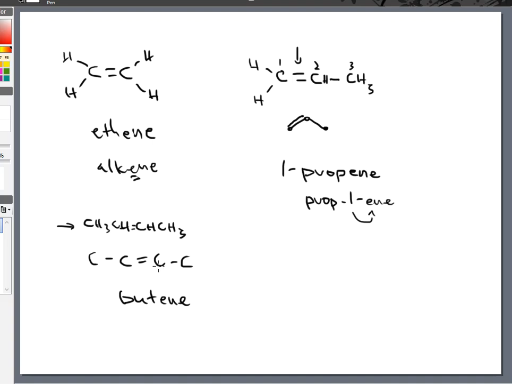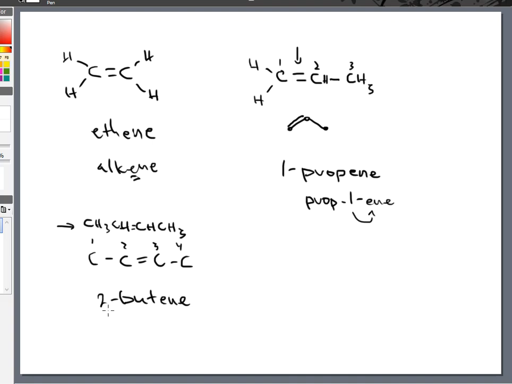All right, so I need to number closest to the end of the double bond. And here it doesn't really matter. I'm going to get a 1, 2, 3, 4, no matter which way I go. It's still going to be a 2-butene. All right, so on carbon number 2, that's where my double bond happens first. And again, I can hyphenate it here on the end. I don't do that, but you could, and I count it right.